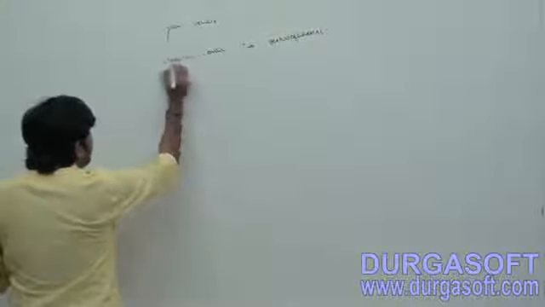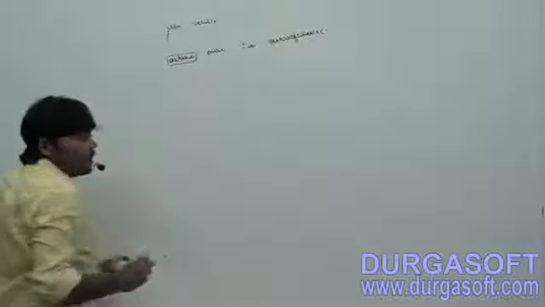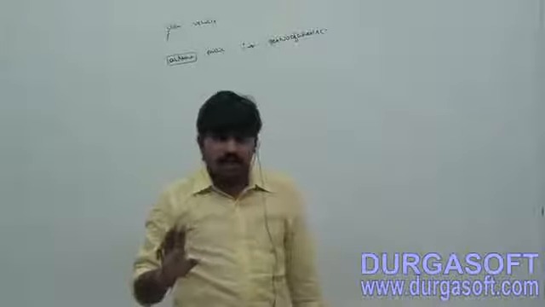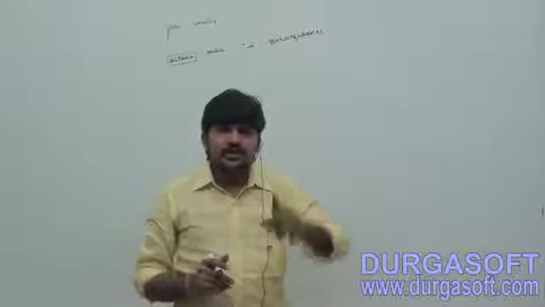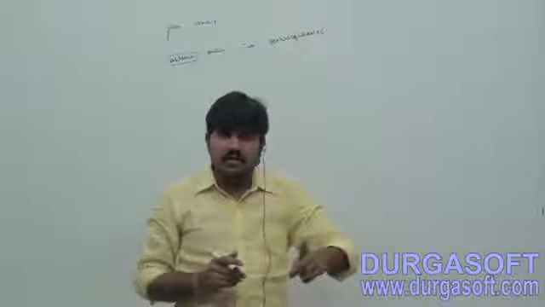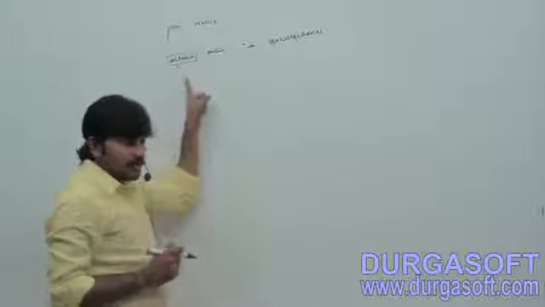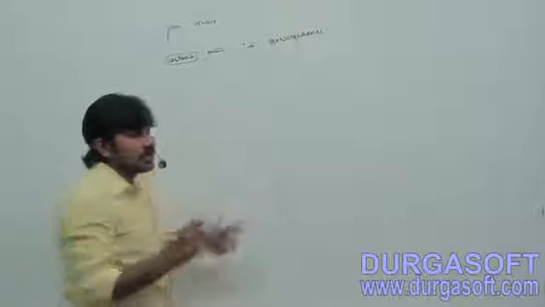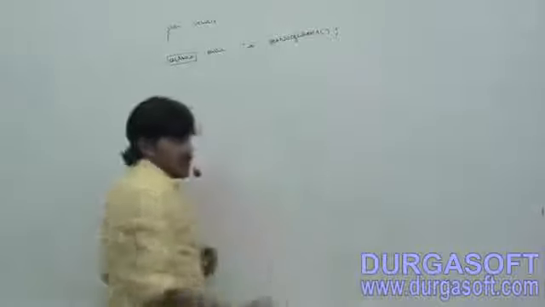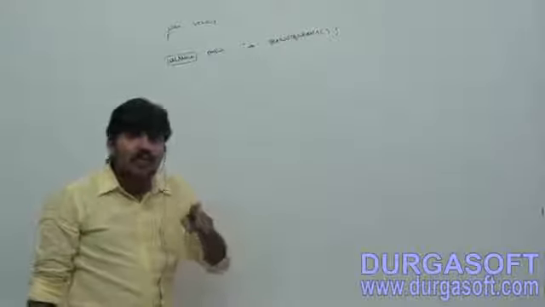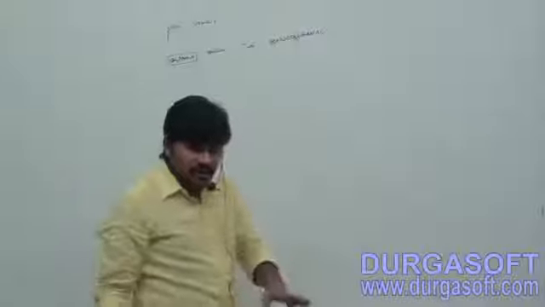Even though we don't know about implementation, we can still declare a method with the abstract modifier. That's why an abstract method must end with a semicolon, right?